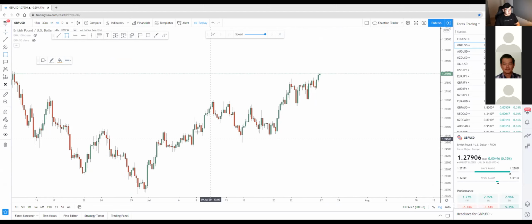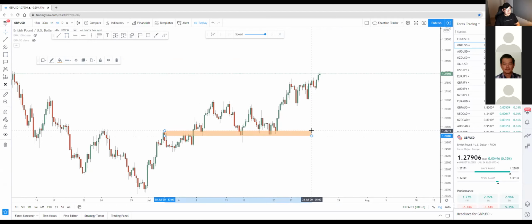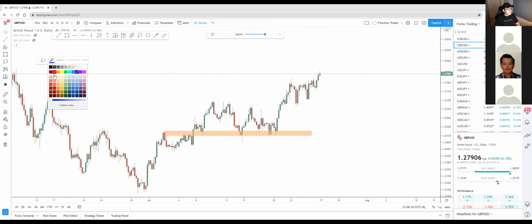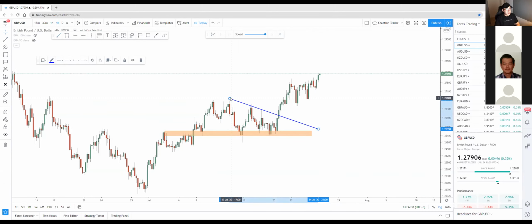So we open up the chart, we draw our SNR, everything nicely. This is the trend line for H4. Sometimes we need to be a bit flexible.